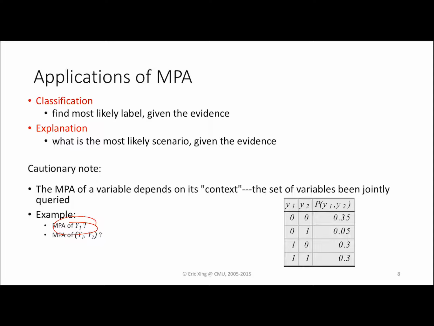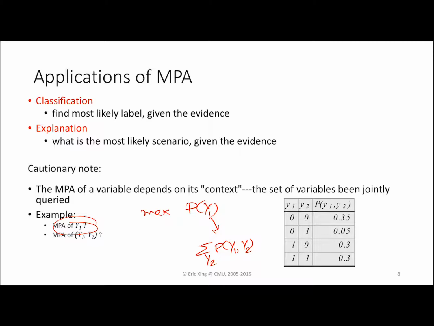When I'm saying MAP of Y1, what do I mean? Basically, I want to compute the max of P(Y1), but I'm given a joint distribution. Which basically means that I have to sum over Y2 of P(Y1, Y2), right? That's what it means.